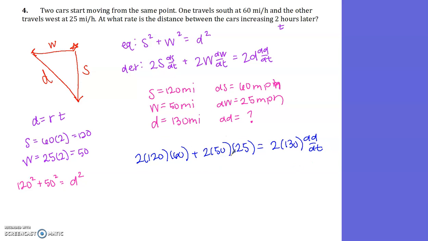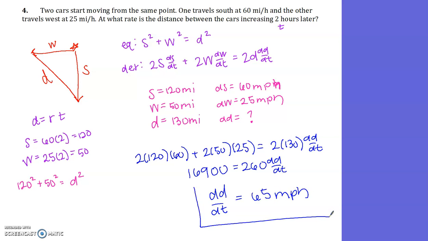I'm going to multiply, add those together. So 2 times 120 times 60 plus 2 times 50 times 25 is going to give me 16,900 equals 260 dD dt. Then I'm just going to divide, and that'll give me dD dt equals 65 miles per hour.